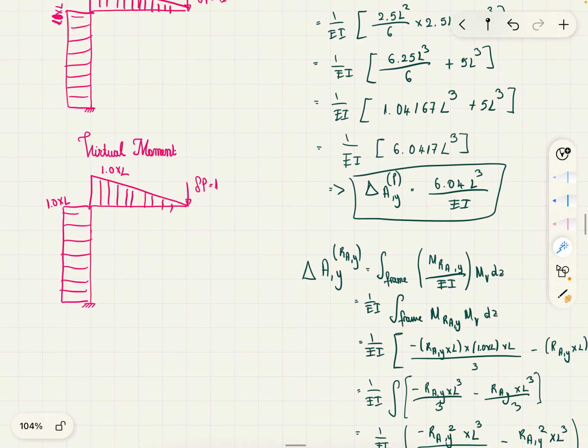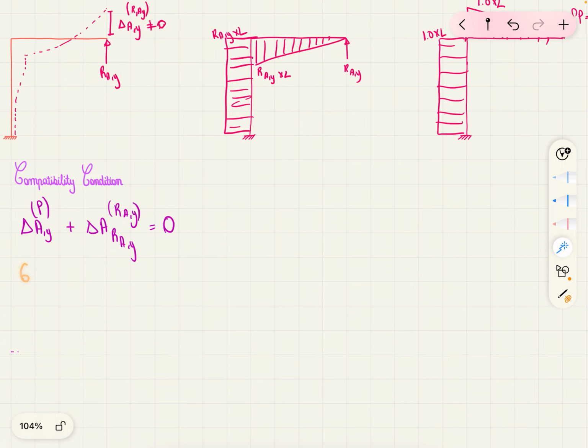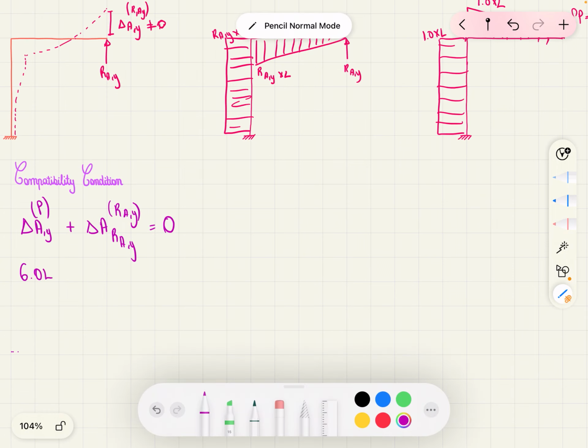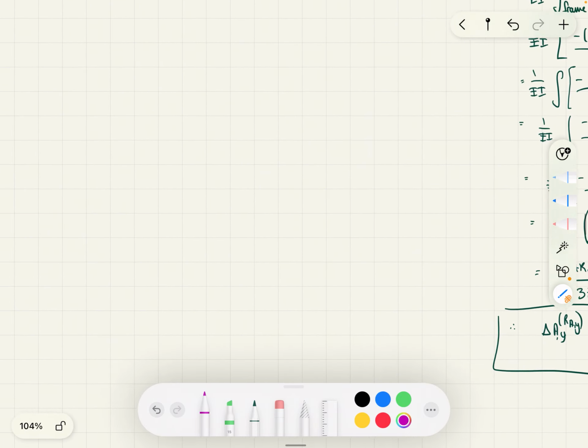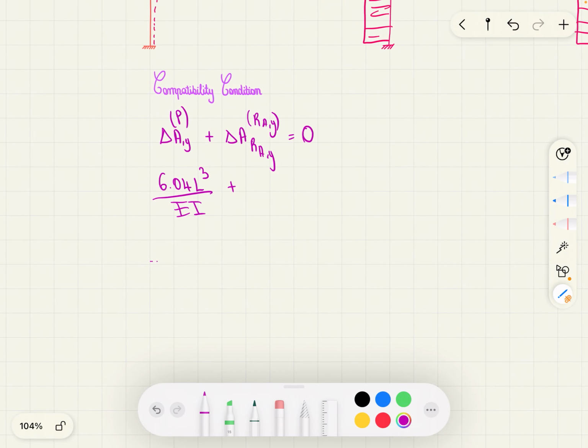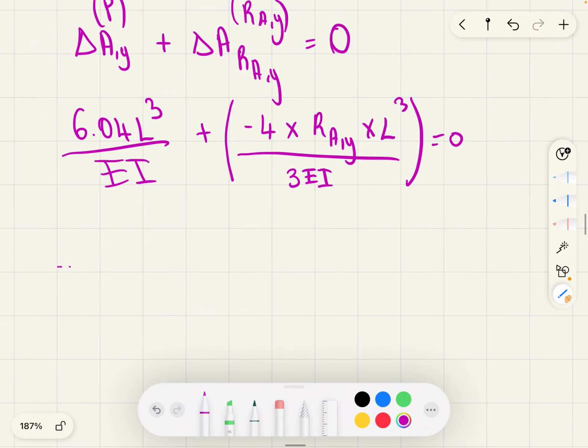So we had 6.04 L cubed over EI, plus this big one, plus, let's put it in brackets because it has a negative sign in front of it, minus 4 times RAY times L cubed over 3EI equals 0.